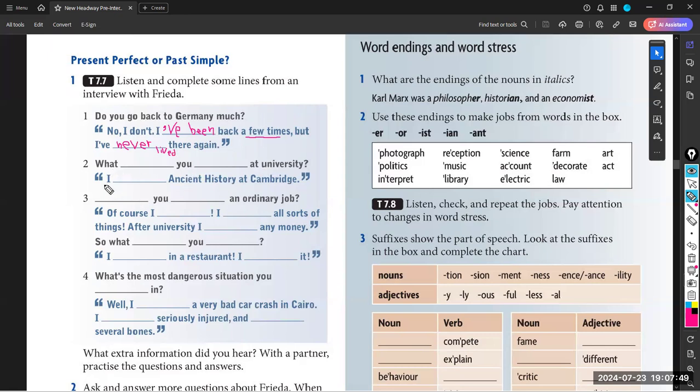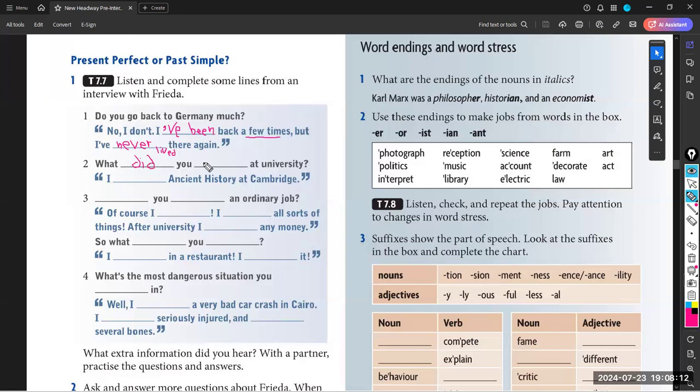Okay, now 2, we have what? What did you study at university? I studied ancient history at Cambridge. This is simple past.